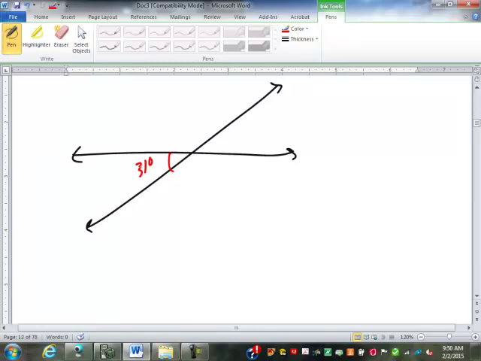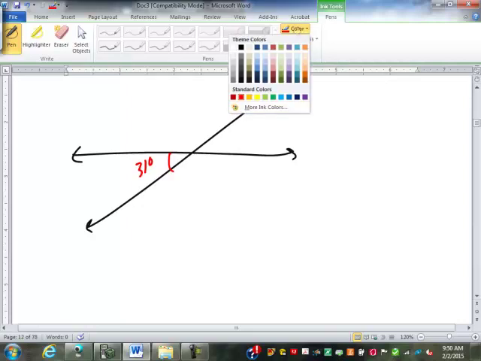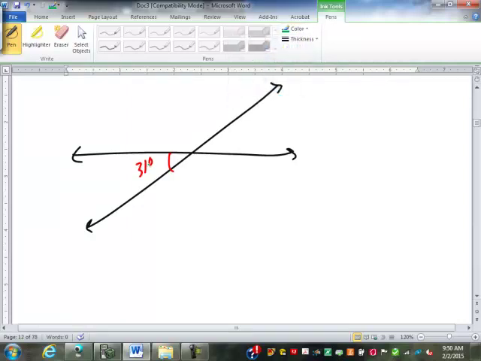Remember, supplementary is 180 degrees, so any 2 angles that create a straight line are supplementary. So this is a straight line here. That tells me that this 31 degrees and this angle must add up to 180. They're supplementary. So 180 minus 31 is 149 degrees.